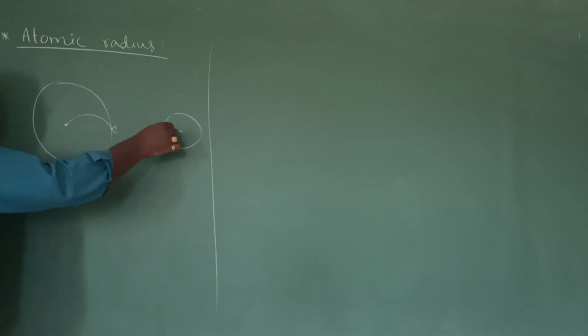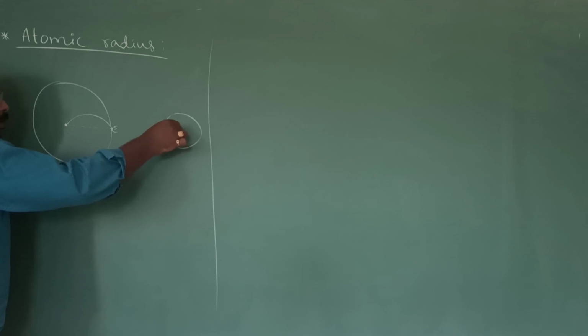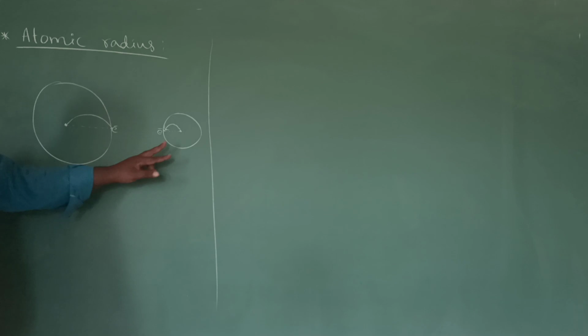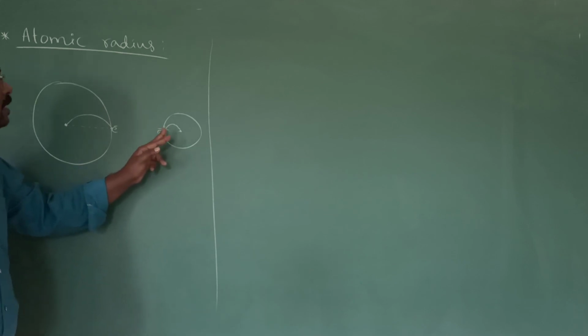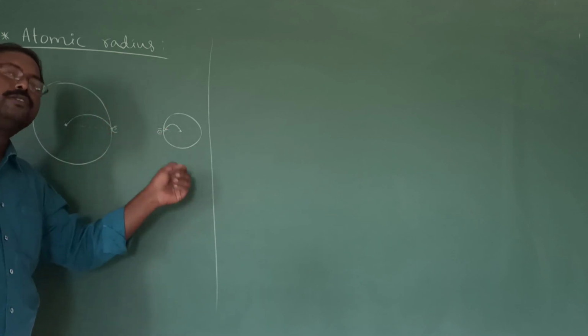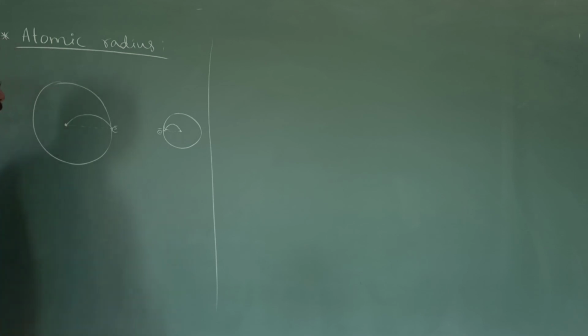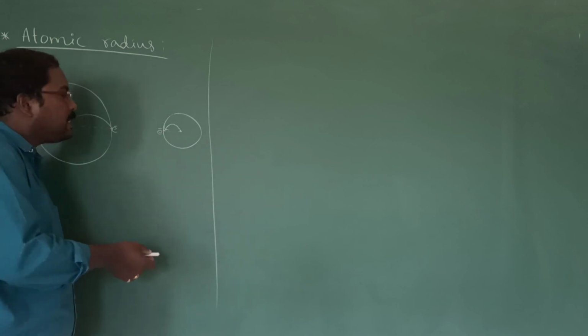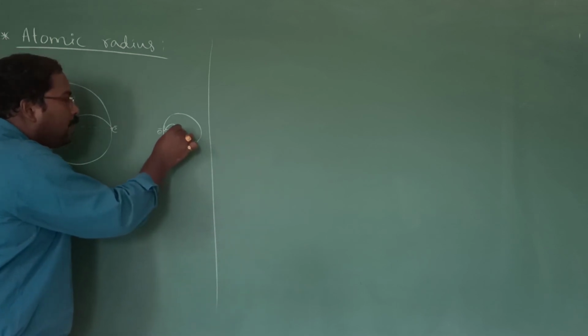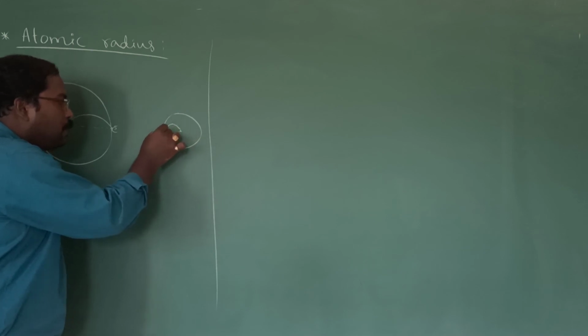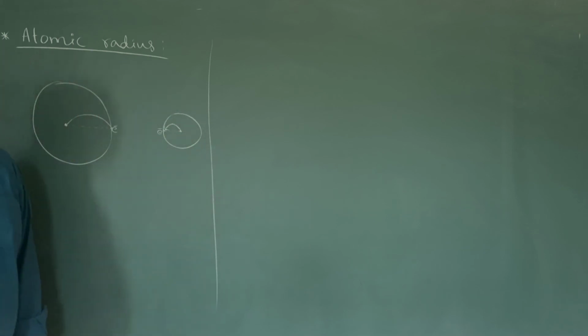So in the case of the small one, the distance from nucleus to the outermost orbit is less. As the distance from the nucleus to the outermost orbit is less, indirectly we can say the effect of this nucleus is more on the outermost electron.